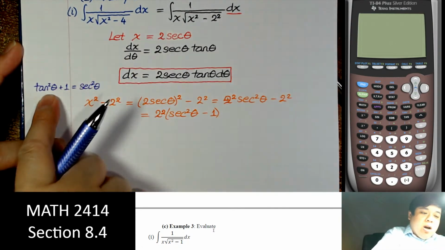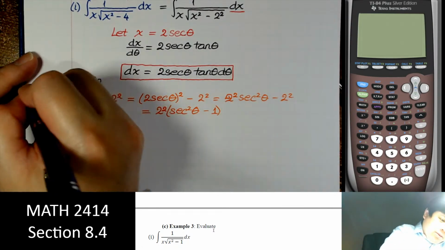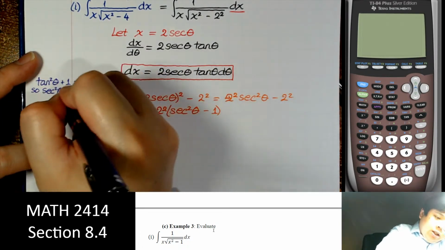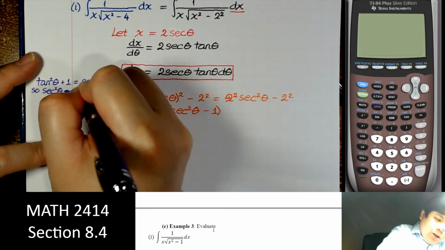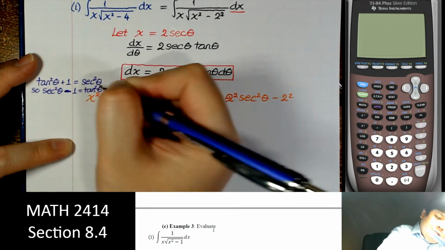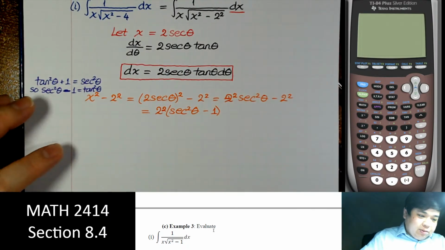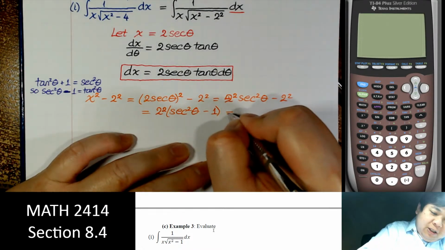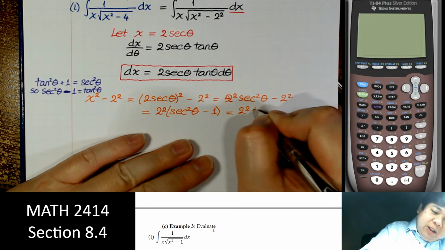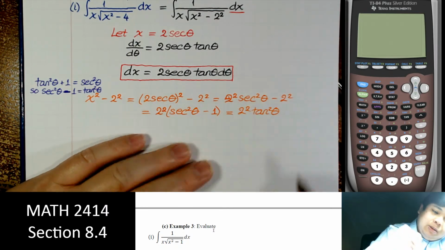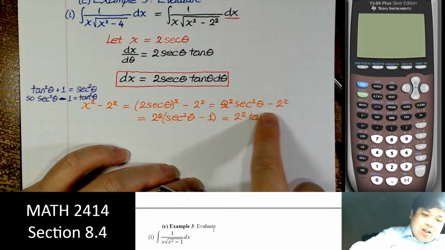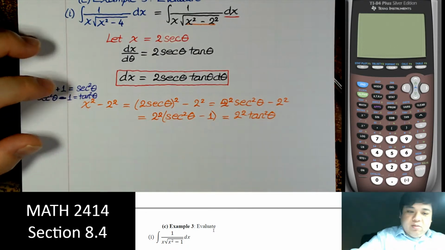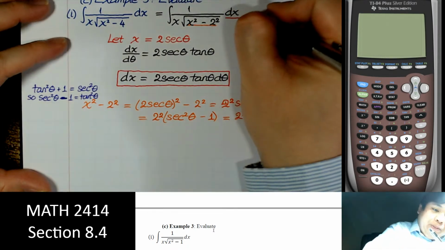So secant square minus 1 is equal to tangent square. Right. So we're going to use that. So it will be 2 square tangent square. Right. So that's where we go from 2 terms combined to 1 term. It's very important.